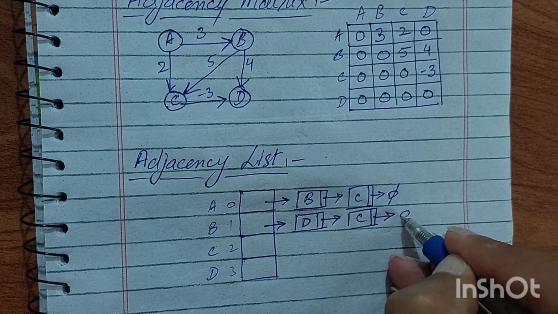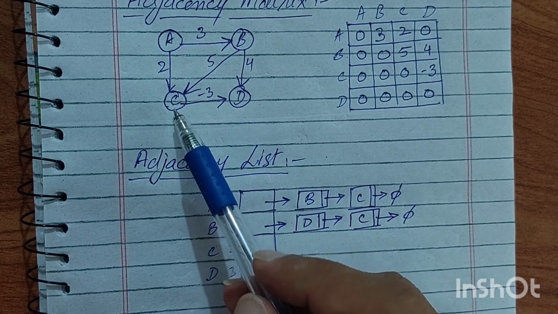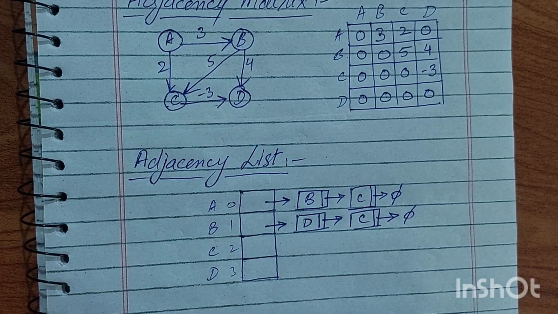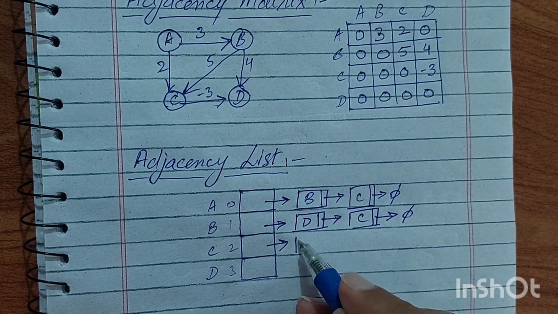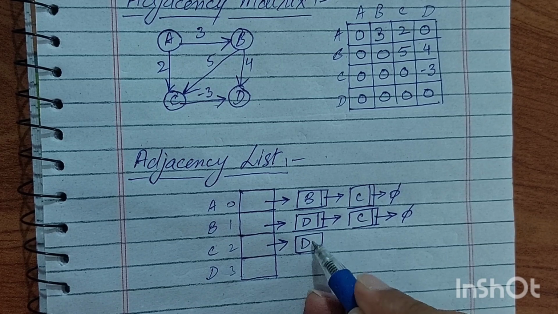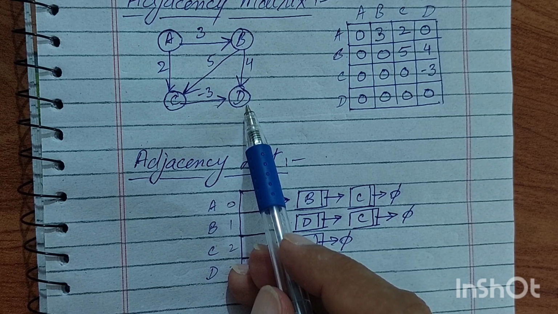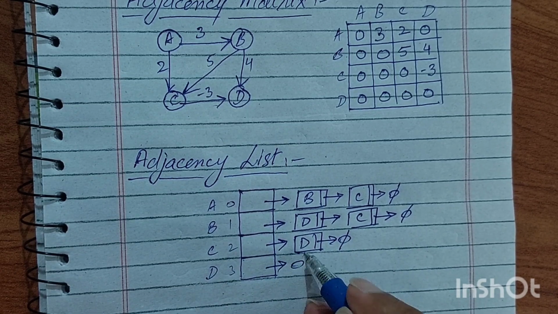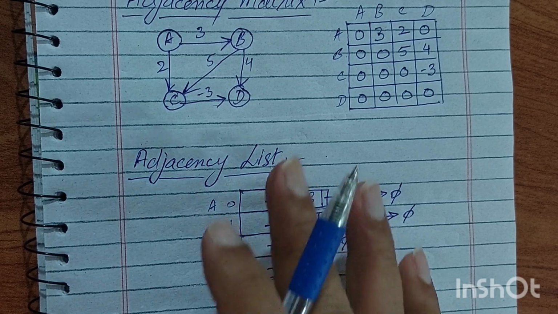These are the two neighbors of b, that is the adjacents. For c, there is only one neighbor, that is d. And here we can see that d has no neighbor, no adjacent, so that means it has no list.